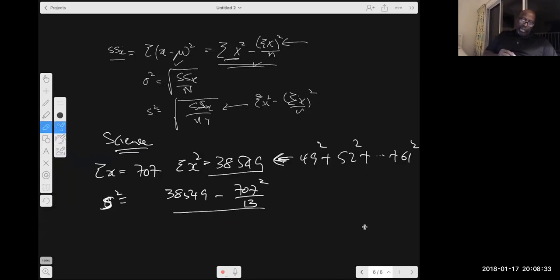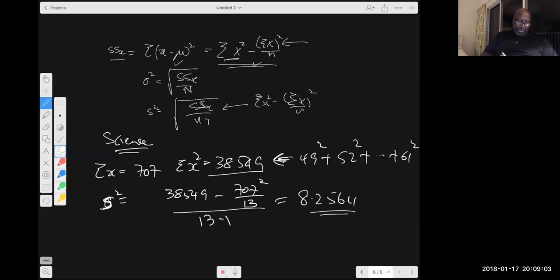N minus 1 is 13 minus 1, which is 12. Okay, so it turns out that the sample variance is 8.2564.